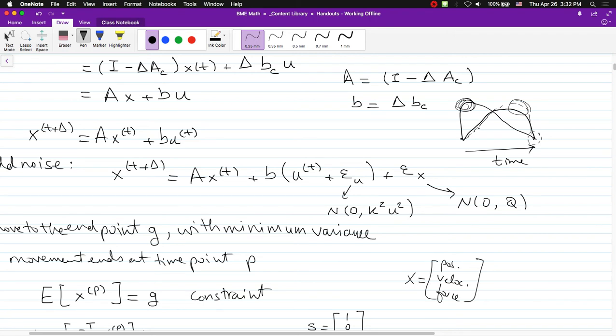Because early on, that variability gets damped out by the system, whereas at the end, you have very little time left for the dynamics of your system to dampen the variability. So the insight that came from this paper was that maybe the brain moves the eyes the way it does because it cares about not just getting to target, but also getting to target with minimum variance.